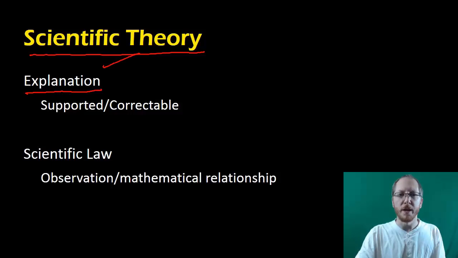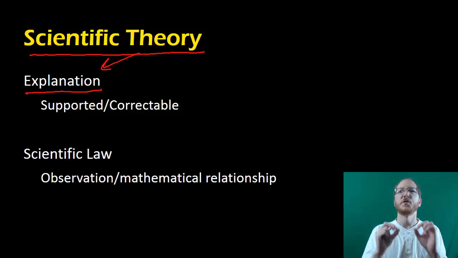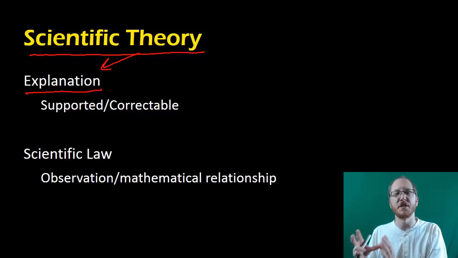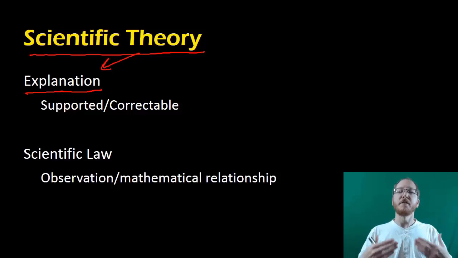Theories are always explanations. By definition, a theory is an explanation of some natural phenomena that is supported by tons of research. It's supported by many, many, many different experiments that all provide evidence that support the idea that this is the proper explanation. Now, if new evidence comes to light, theories can be thrown out or modified to make sure they reflect the current evidence.